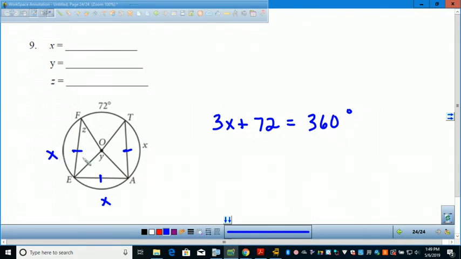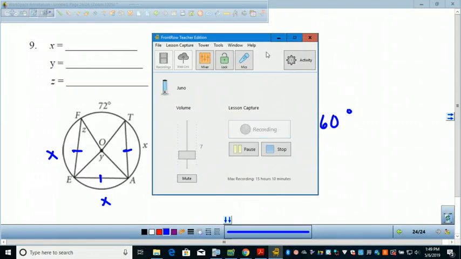X, X, X. So I wrote X plus X plus X plus 72 equals 360. So go ahead and solve for X.